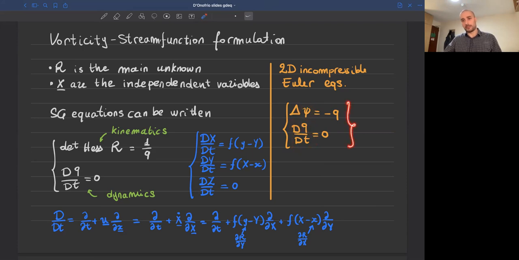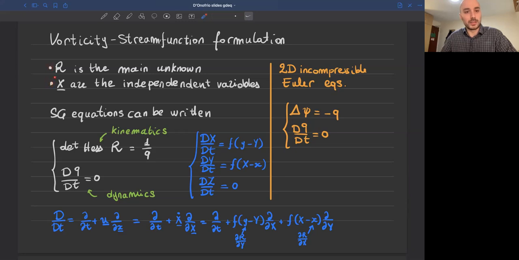And this means that the system is actually closed. Now, boundary conditions are usually tricky when one resorts to this kind of formulation, and this is going to make no exception for the semigeostrophic equations. But nonetheless, it is important to recognize that semigeostrophic equations can indeed be written this way.